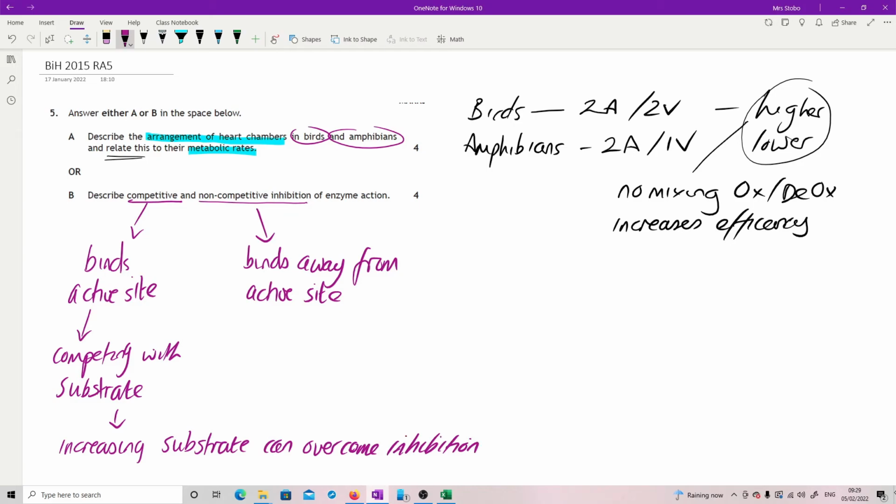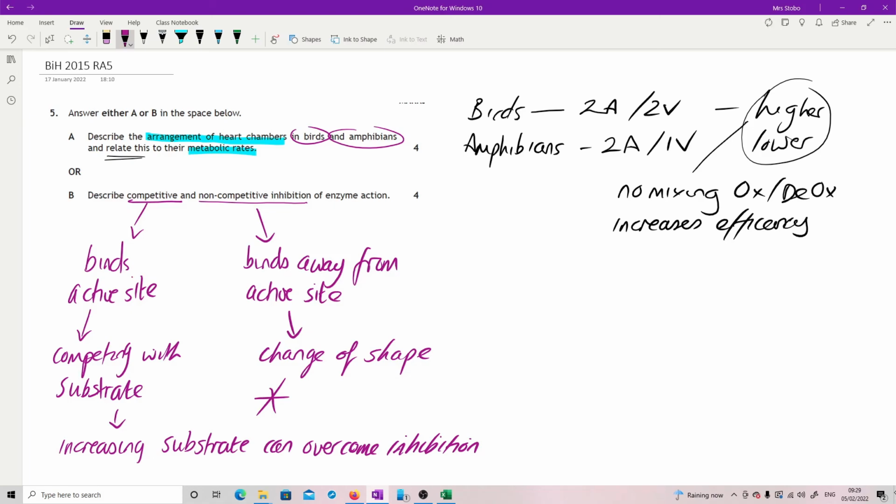And then back to the non-competitive, we've got it binds away from the active site, which we know causes conformational change, which is always your best bet for anything to do with proteins. So we've got change of shape. You could say that you can't increase substrate concentration to overcome it. That's not going to work.